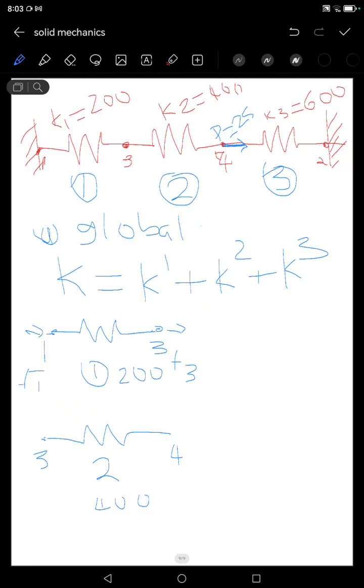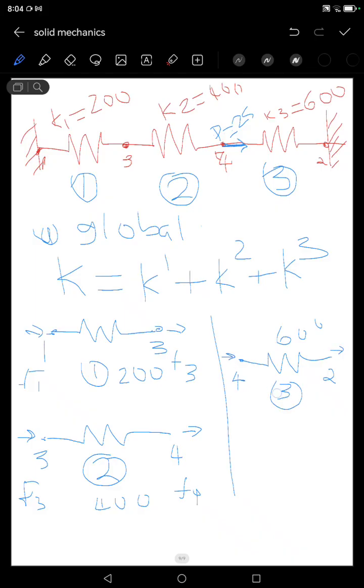And then element 3, we're going to have something like this, where we have the 600. Guys, remember there are forces here: F3 and then F4. And element 3 is between 4 and 2. Okay, here we have the forces. So this is our element 3.